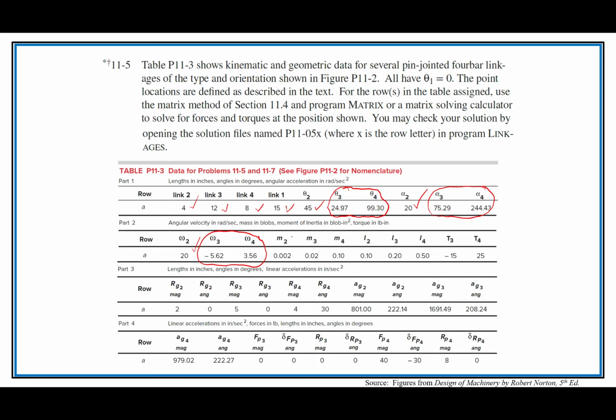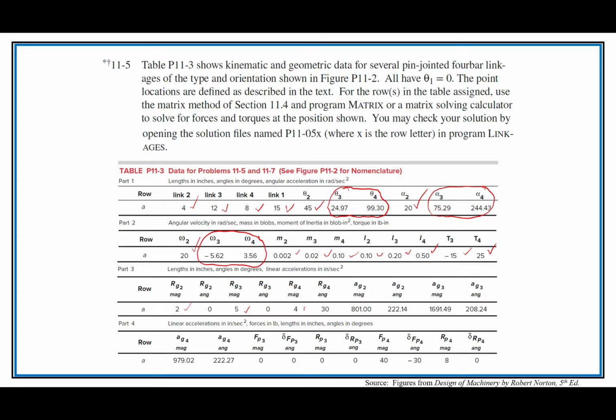Other information we need: the mass of each of the links, the moment of inertia, and okay, so here's the external torques that are on 3 and 4. We're going to try to find the torque on 2. That's our main objective. We also have dimensions of where the center of mass is located.